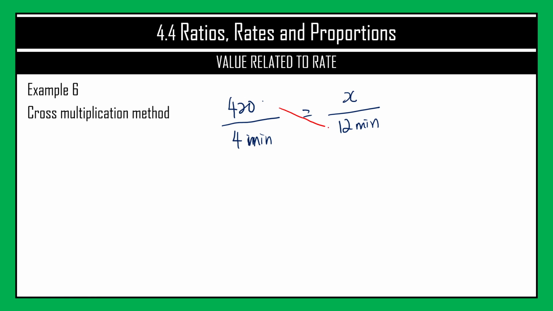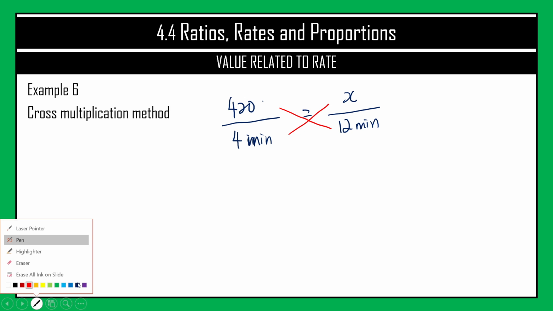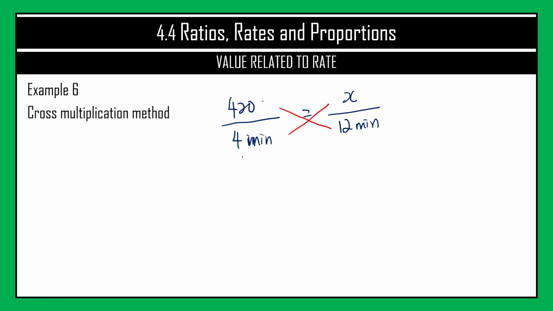Okay, so cross multiplication is like this. I like to multiply the alphabet towards the left side, and the others will be on the right side. I'll explain why in a minute. So it will be x multiplied with 4 and 420 beats multiplied with 12.